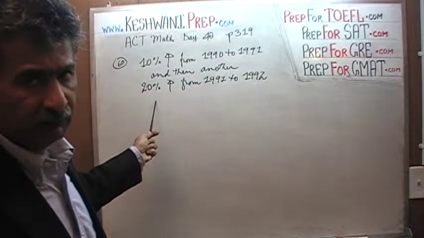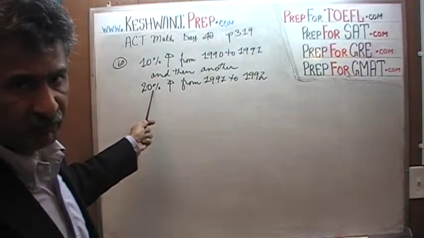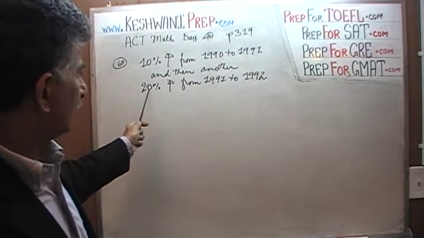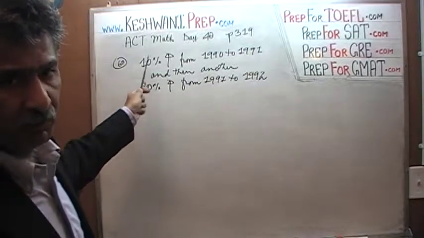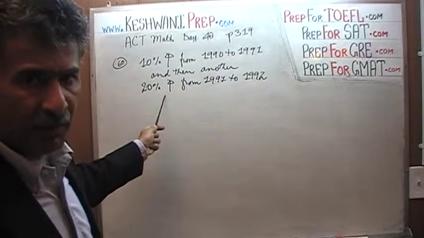Obviously, the total increase is not going to be 30% because when it goes up by 20% in the second year, it's going up 20% of the new amount, which is 10% more than the amount that we first started out with. This is what is known as compounding.